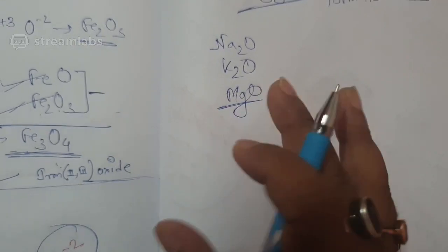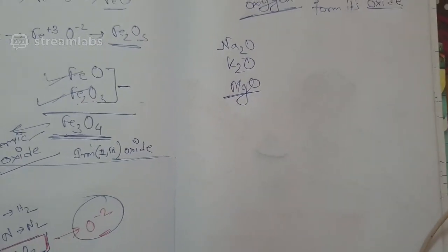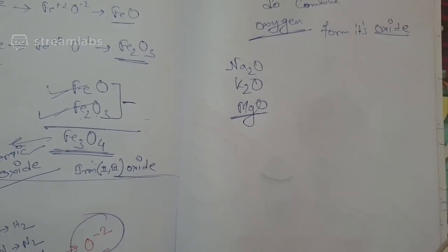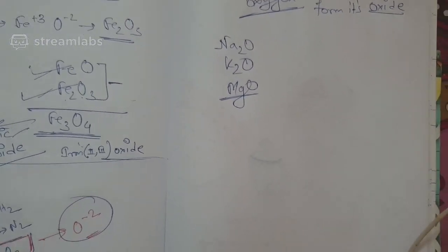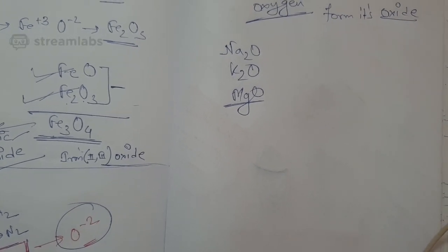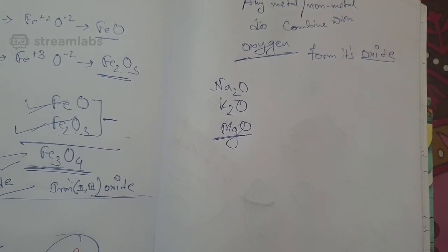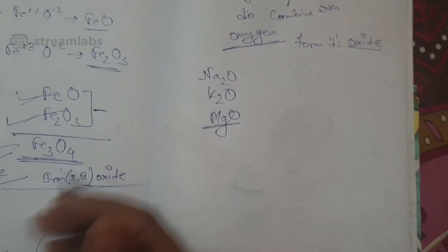It depends on how reactive the metal is. All those questions will be answered later on, as we go on understanding chemistry throughout class 10. But here I just want to say that oxide means oxide of any metal or non-metal.